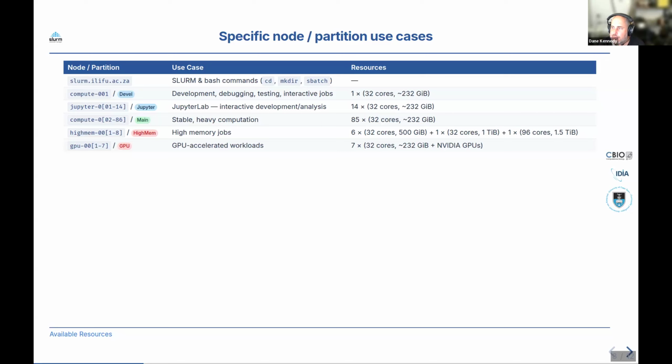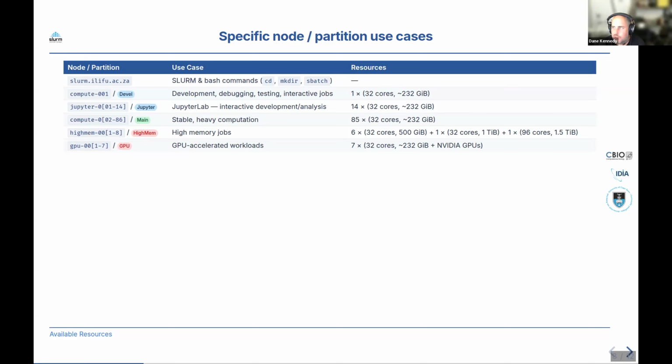We also have the high mem nodes, two of which are 32 cores and 500 gigs of RAM. We have a very large one with 1.5 terabytes of RAM, and we have one that's somewhere in the middle with about 1 terabyte of RAM.